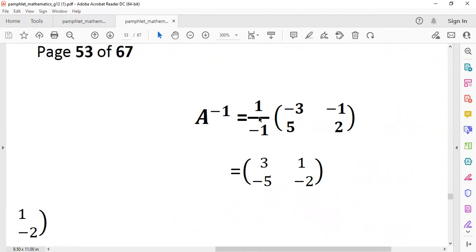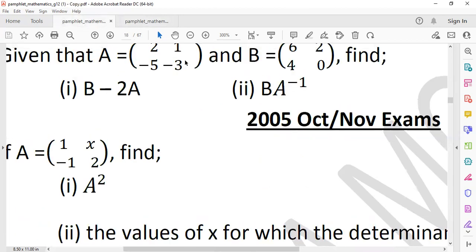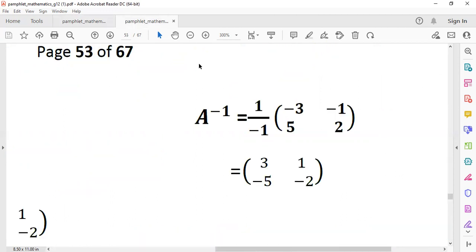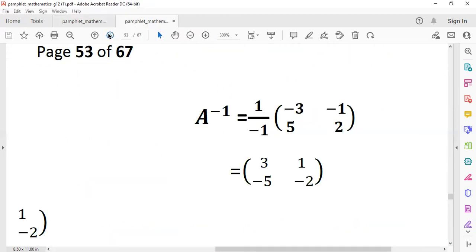These would have swapped already. The negative 3 goes there on top, and the 2 comes down here. The 3 will be there, just like it is here. Then these will swap their signs, so negative 5 will become a positive 5.